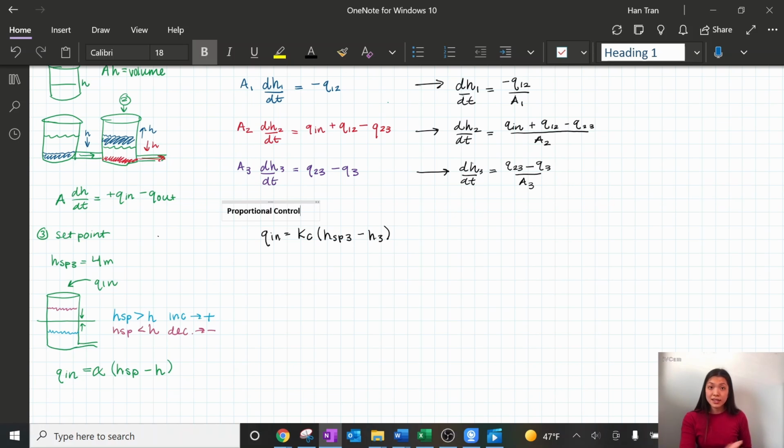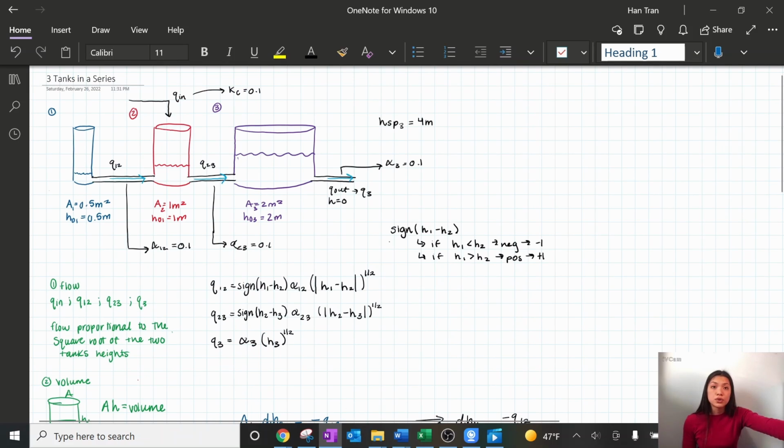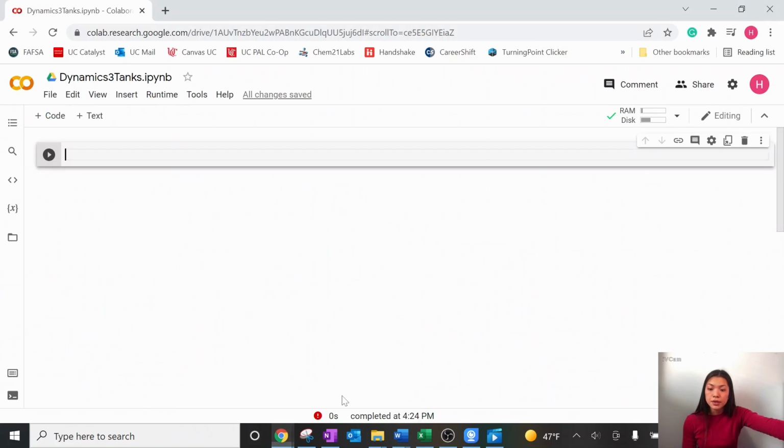And that is exactly the equation that we wrote here. So the flow in is equal to the proportionality constant times the difference of the set point in tank 3 minus the actual fluid height in tank 3. And so having everything established here, let's go ahead and move on over to Python and code out a simulation that we can use.